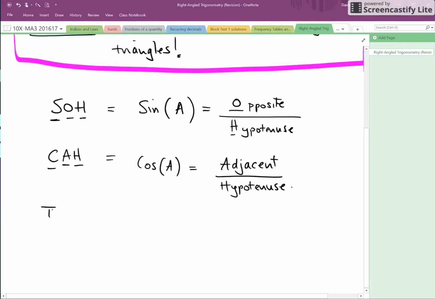And TOA, the T stands for the tangent of an angle, and this is the opposite divided by, and A again stands for adjacent.